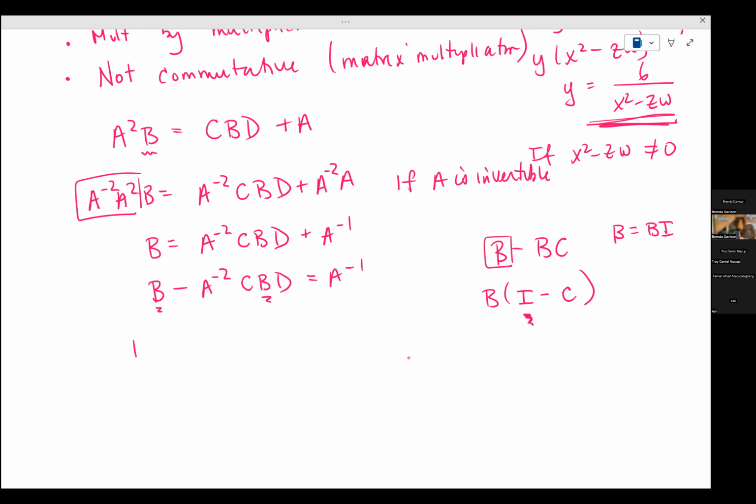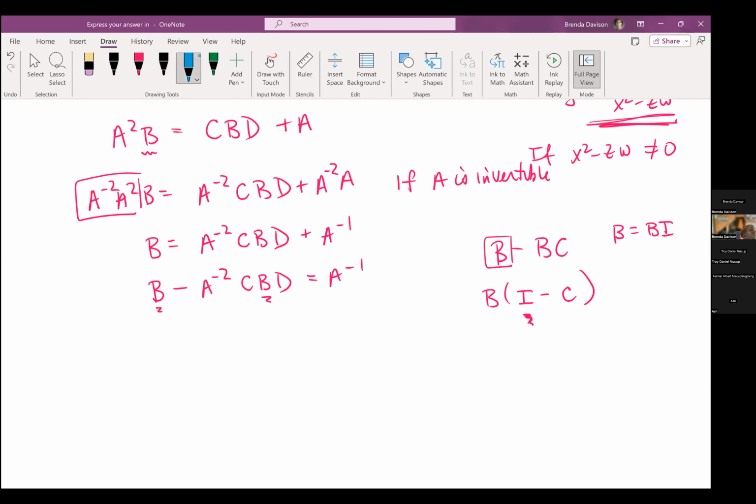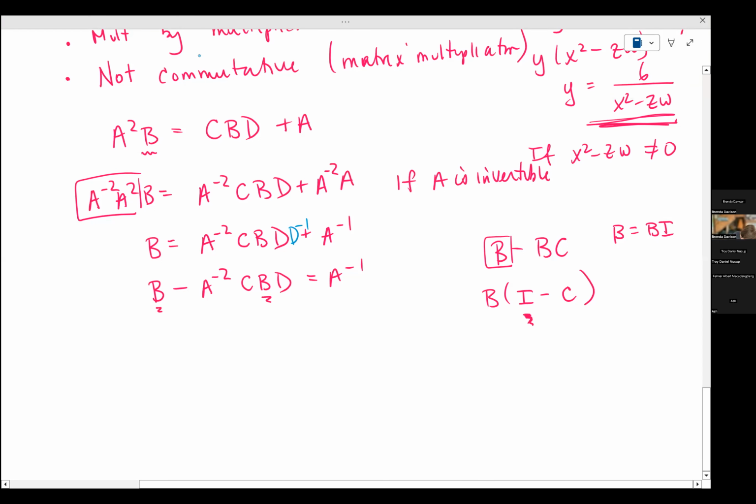So I would multiply here by d to the minus 1. Sorry, let's try that again. Stop, pause. I want to multiply here d to the minus 1 on the right, actually.